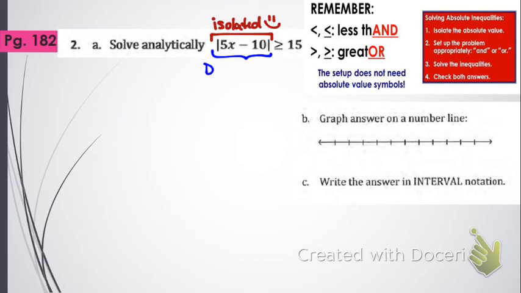So this says the distance is, what's this inequality mean this time? Greater than or equal to 15 units from 0.